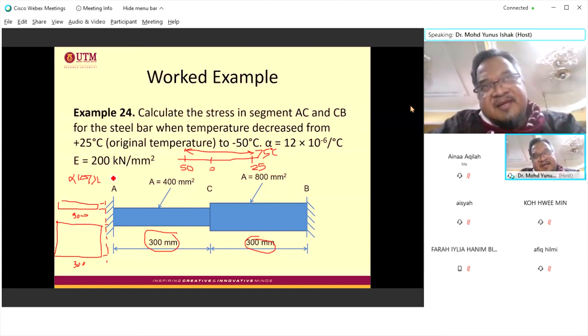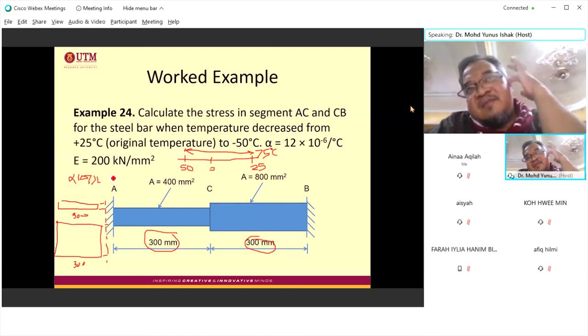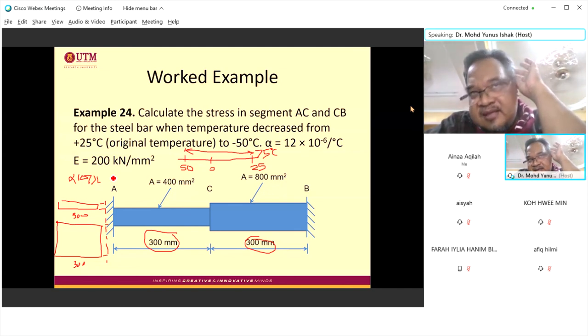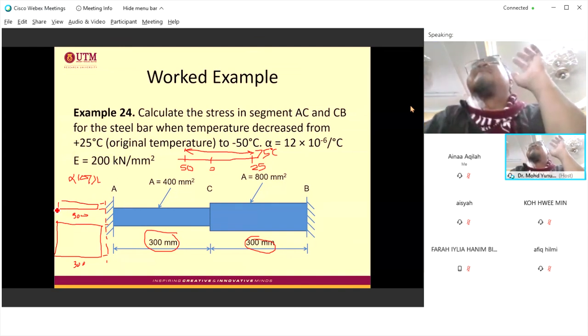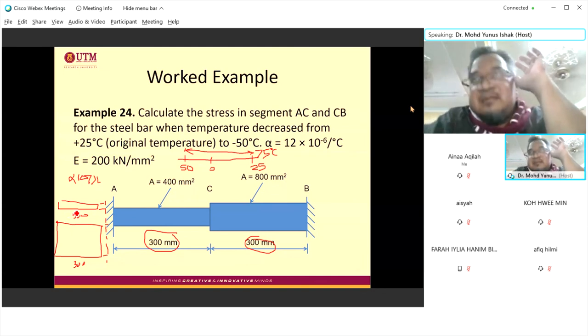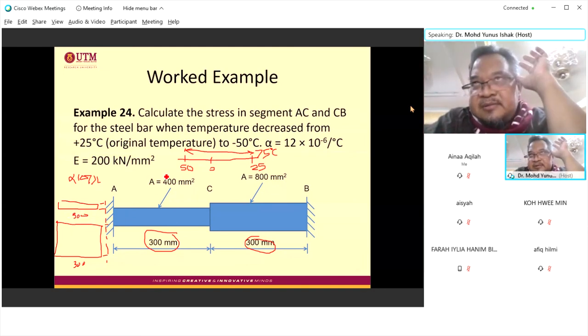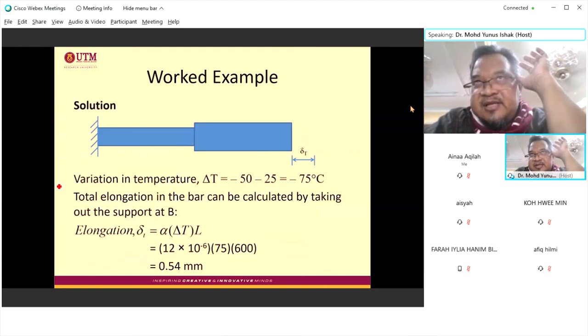Kemendekan atau pemanjangan bagi suhu bergantung pada saiz cross section? Tidak, dia bergantung kepada panjang. Knowledge tu sangat penting. Okey, oleh sebab dia disejukkan dan cara dia ialah lepaskan support, okay, so dia akan shortening.